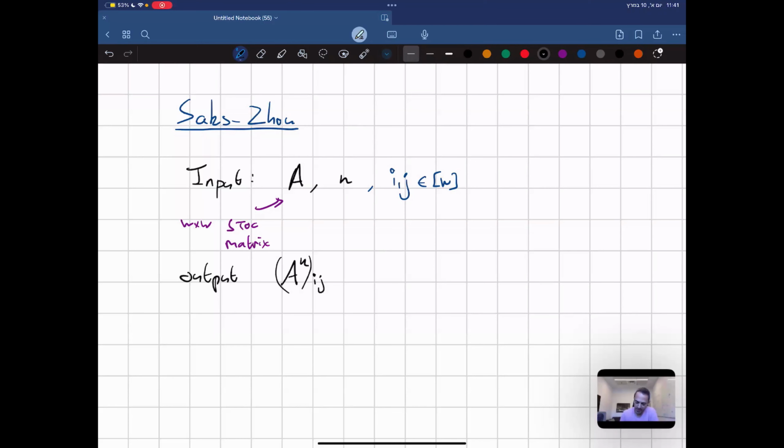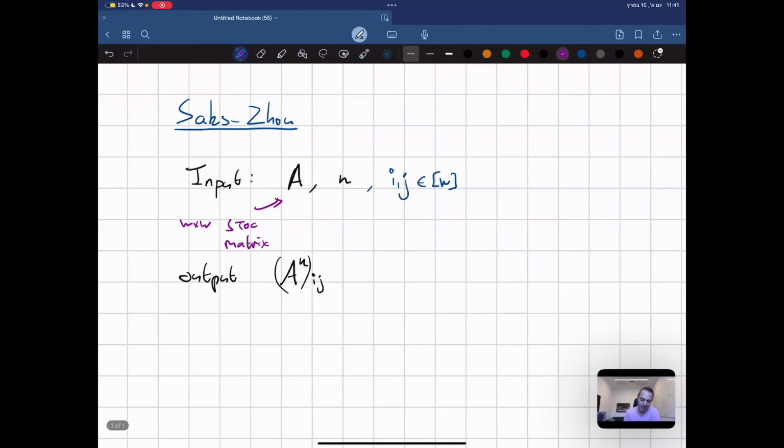And technically, up to some explicitness, you are also given a number t, and every entry in A is represented using t bits, so t bits of accuracy in every entry of A. Saks-Zhou doesn't do quite that.